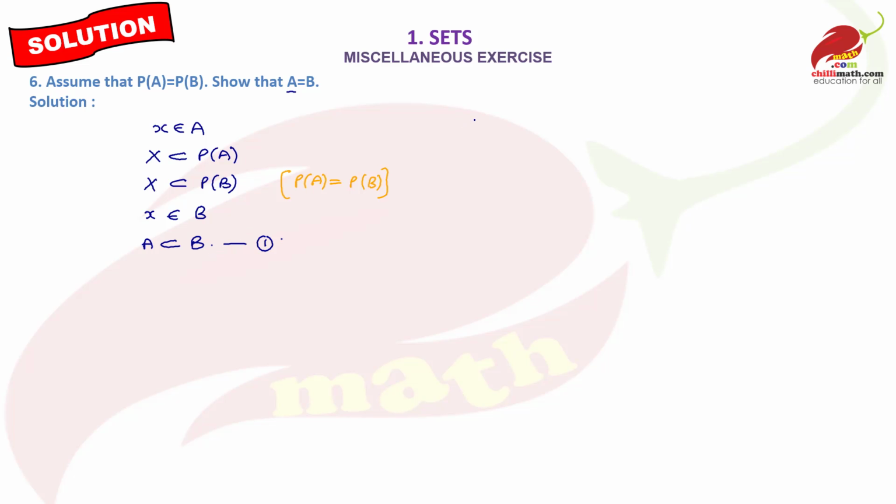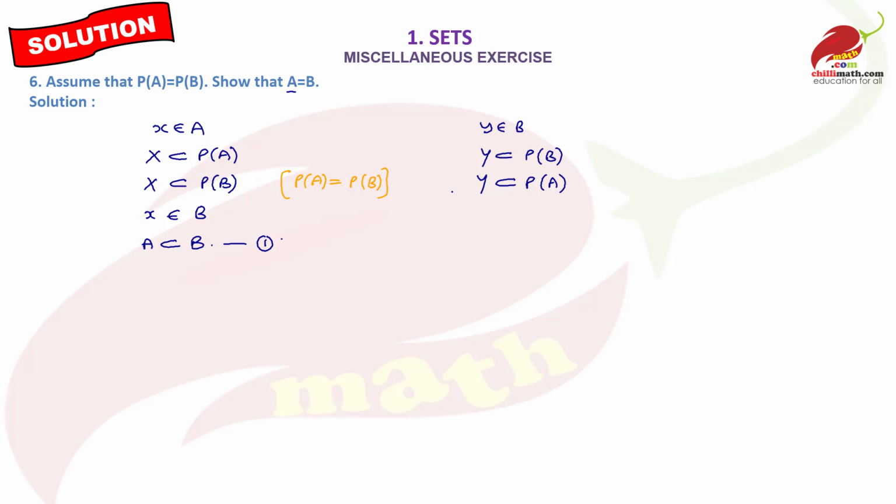Conversely, we can prove by taking y belongs to B. Then this is capital Y, a set which contains the element small y. It will be an element of the power set of B, because PB is equal to PA.